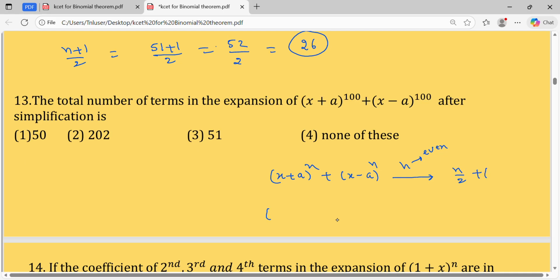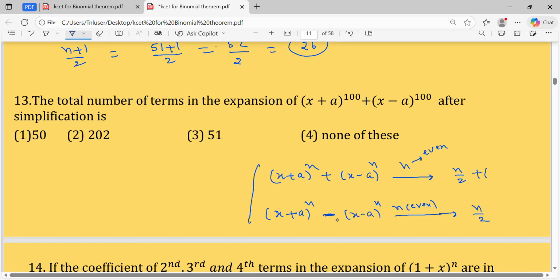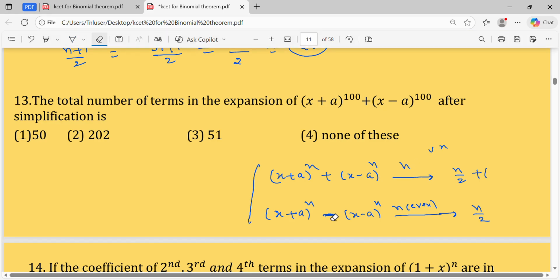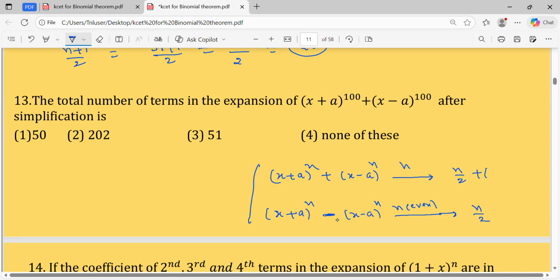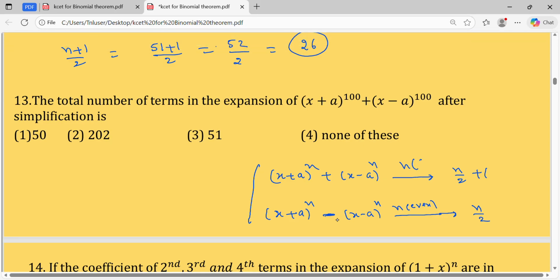Suppose in the same way, x plus a whole power n minus x minus a whole power n, if minus is there and n is an even number, in that case use the formula n by 2. According to this problem, n is an even number, but in between them a positive sign is there, then the formula is n by 2 plus 1.